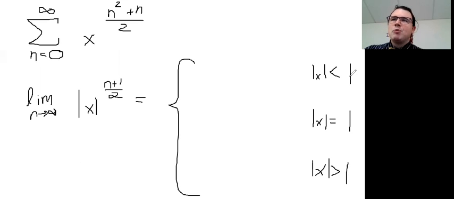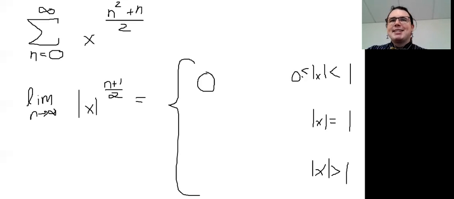For numbers less than 1, when I take very large powers, and these numbers are also greater than 0, then in the limit, I'll get 0. Or if I have some positive number that's less than 1, like 3/4, as I take higher and higher powers of that number, I'll be getting closer and closer to 0.